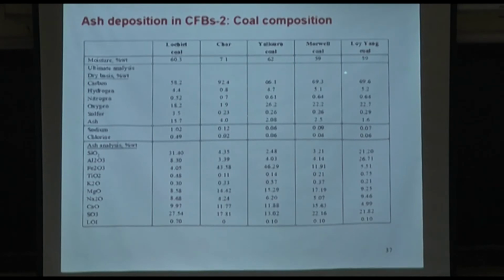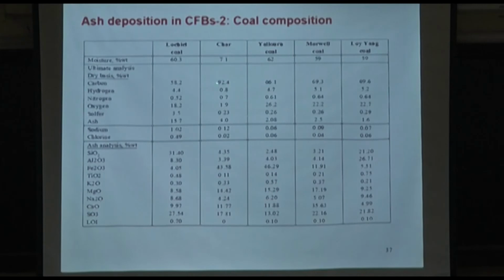All of those coals, three and one, are in their pristine state, they have 60% water. And they said, we are not going to do any pre-drying, just do it. If you look at the composition, the important thing is the 4 to 5% hydrogen.